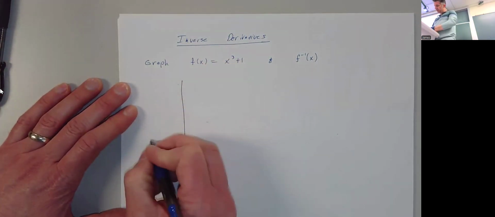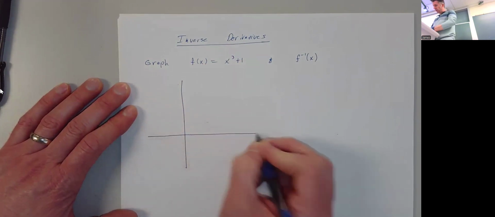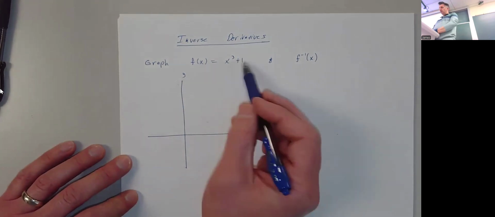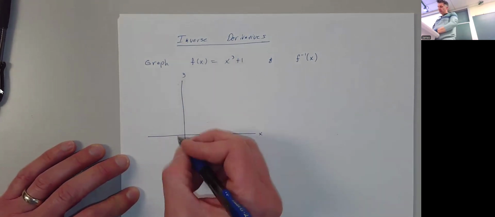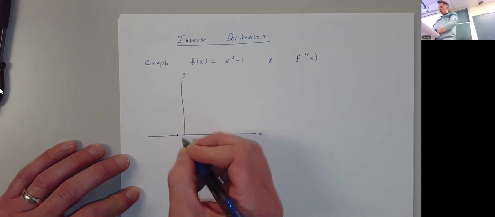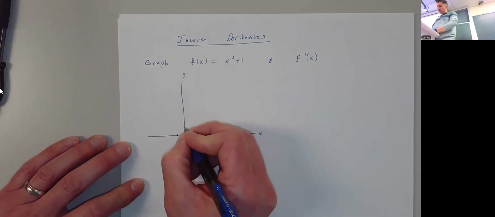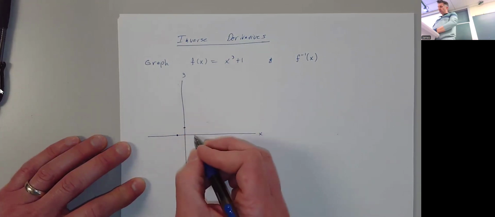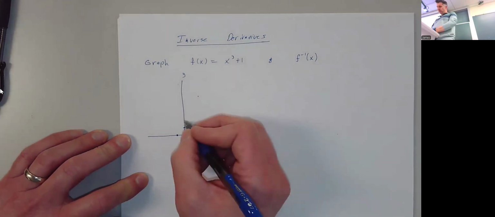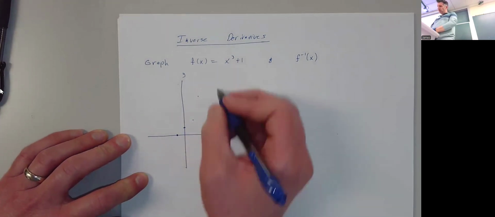It sounds like a tautology, but here's what we're going to do. I'm going to plot a few points here. For this function, I'm going to plot x equal to -1 and y equal to 0, and x equal to 0 and y equal to 1, and x equal to 1 and y equal to 2, and then 2 and 9.